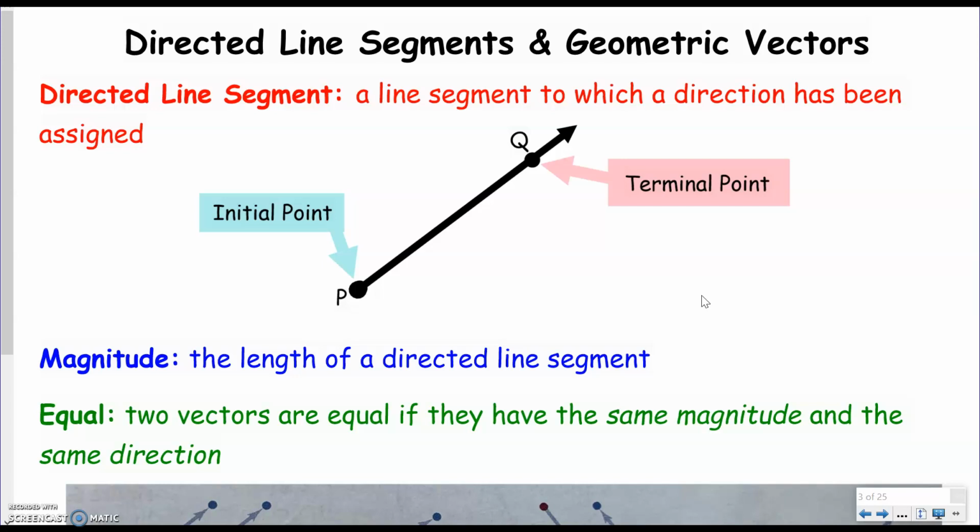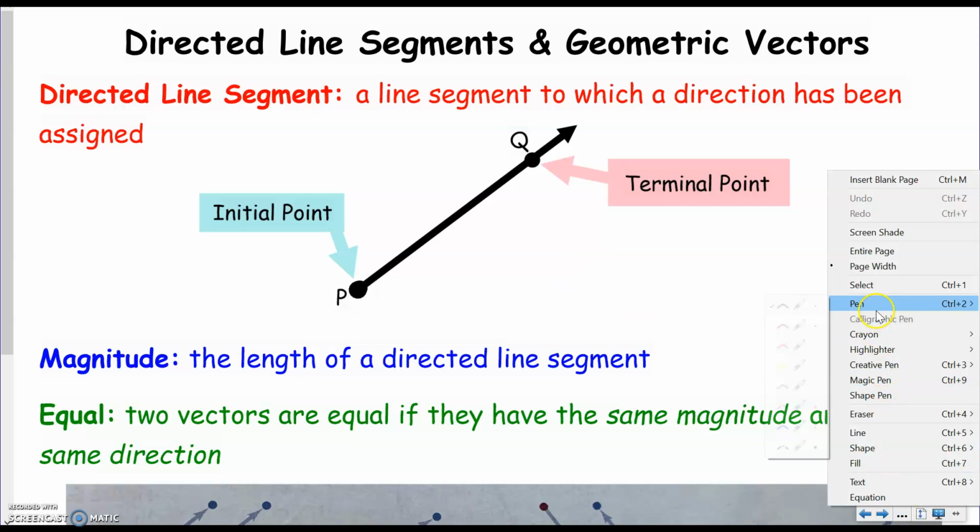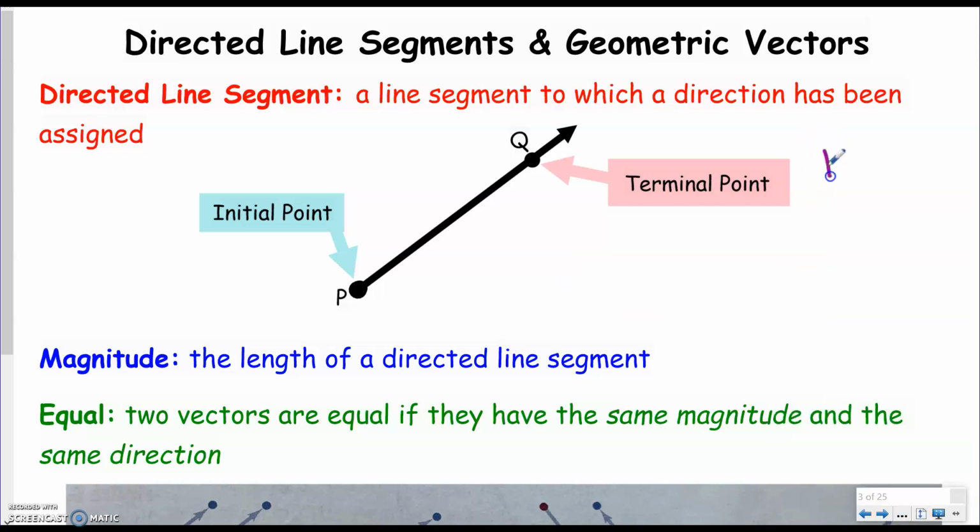Or you can use capital bold letters, and I say bold so that we know it's a vector. So two ways you could write this out would be like you did in geometry, PQ with the ray above it, or you could do a bold P and a bold Q. Either way.